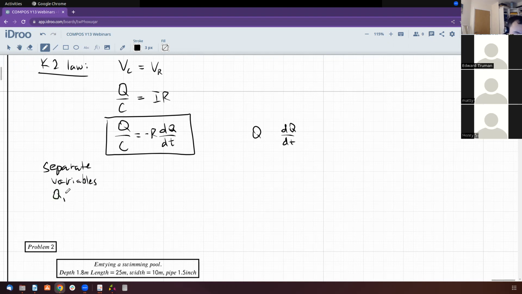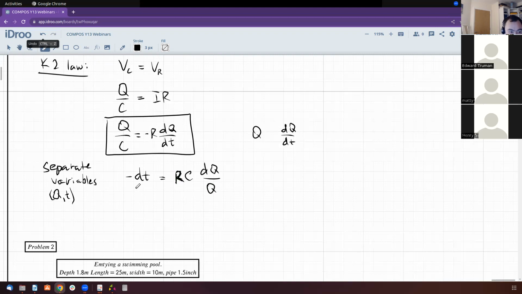Separate Q and T. So I have dt over C. Oh, I can just say minus dt is equal to RC dq over Q. That's what I did. Everything that contains T is now on the left, and everything that contains Q is now on the right.